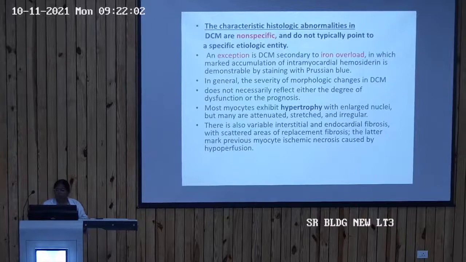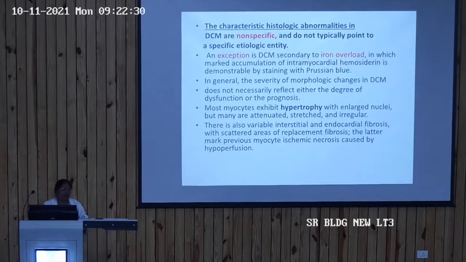There is also interstitial and endocardial fibrosis. This fibrosis reflects that there has been a previous ischemic necrosis which has been caused by hypoperfusion. So all these are non-specific. Some myocytes are enlarged, some may be attenuated.